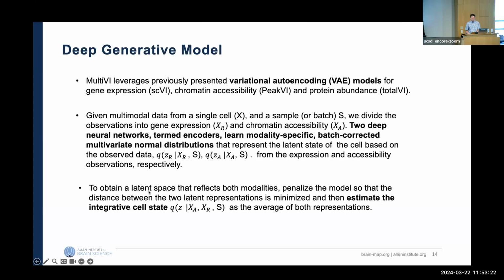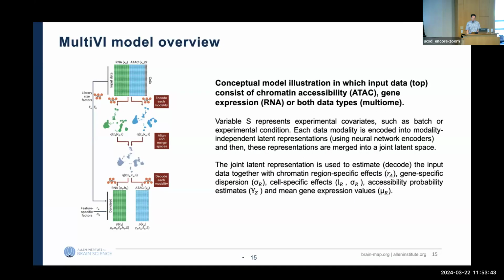And then to obtain the latent space, which reflects both modalities, we're using a penalization term between the two. How well do they match? Very similar to that approach we talked about earlier. And this ultimately gives us an integrated state, which is kind of an average between these two representations.